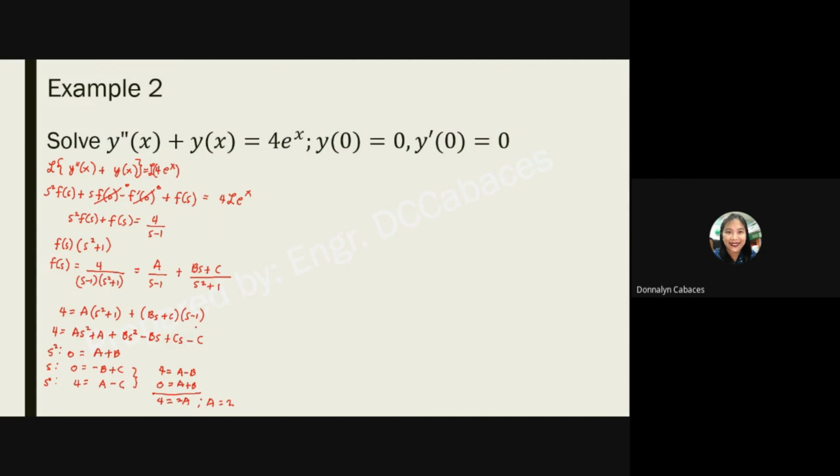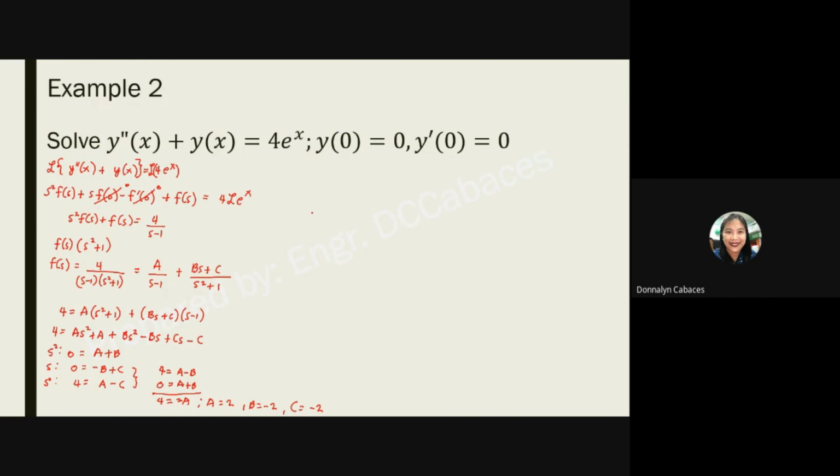Okay? If A is equal to 2, then substituting it to the first, B is negative 2. And substituting it to the second equation, negative B plus C is equal to 0. Therefore, C is negative 2 also.